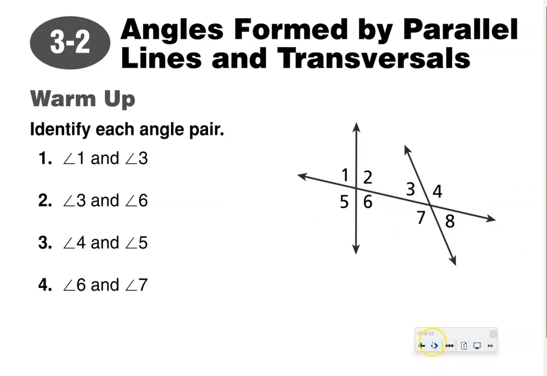Alright, take a moment here, see if you can name what type of pair of angles these are. So we'll start off with angle 1 and angle 3. Just want to name it. What kind would this be? And those are transversals going left to right here, but it still has an inside and an outside.